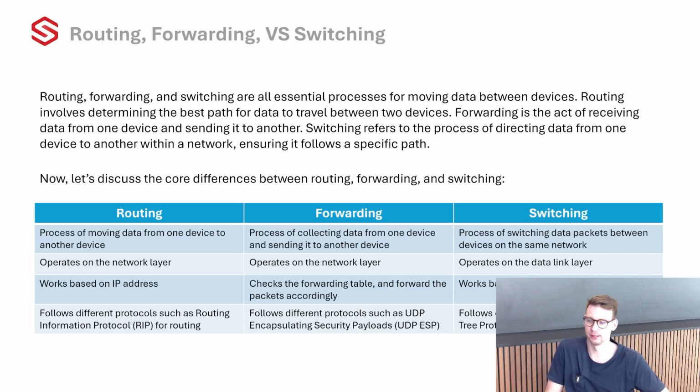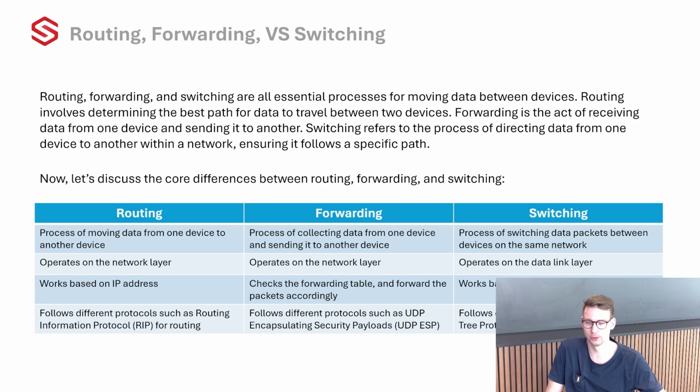Routing. What is routing? Routing involves a determined path where data can travel between 2 devices. Then next up, what is forwarding? Forwarding is basically the act of receiving data from one device and sending it to the next device.